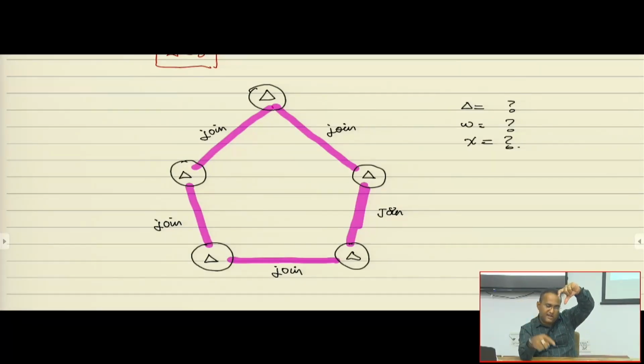This means this triangle is joined with this triangle, and this triangle is joined with this triangle.